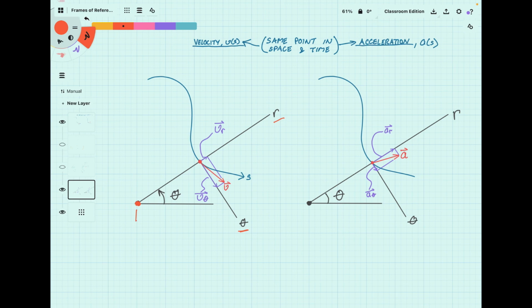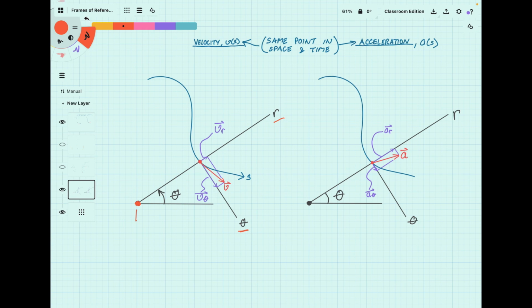Typically there's something that makes sense in a problem to put it one place or another, but it could be anywhere. Once that is defined, your radial direction is going to pass through your point of motion. Your theta axis is going to be perpendicular to the radial vector through the point of motion.